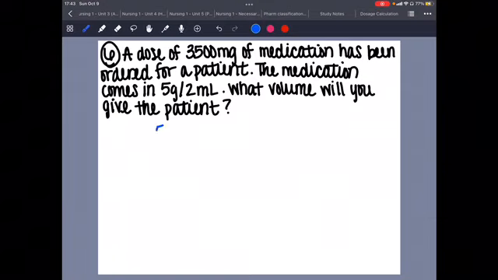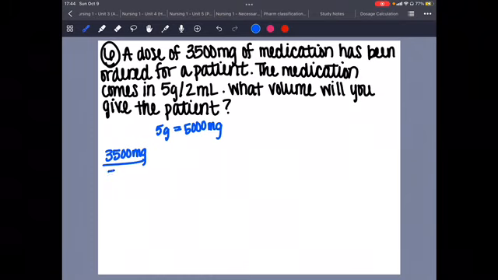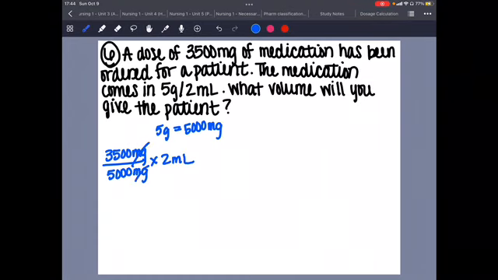So I'm going to go desired over have. Now, we're going to convert first, so that 5 grams will equal 5,000 milligrams. So we're going to go 3,500 divided by 5,000 times 2 mLs.